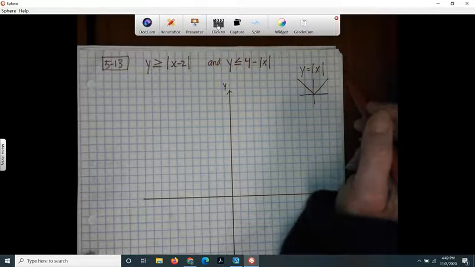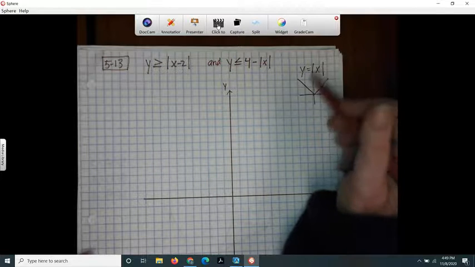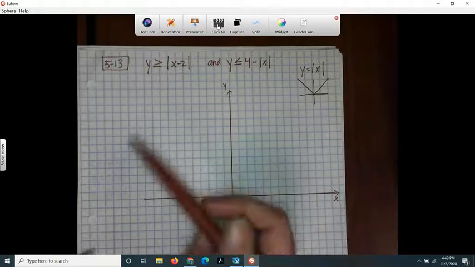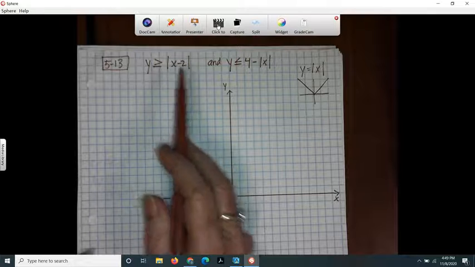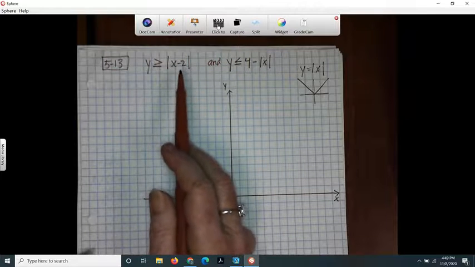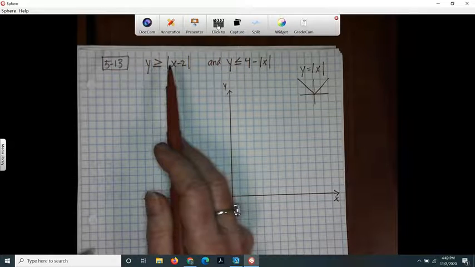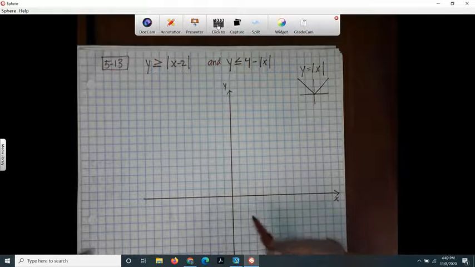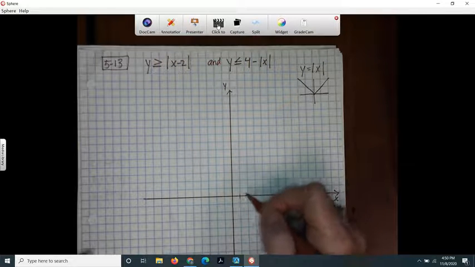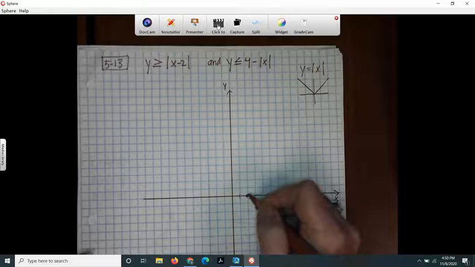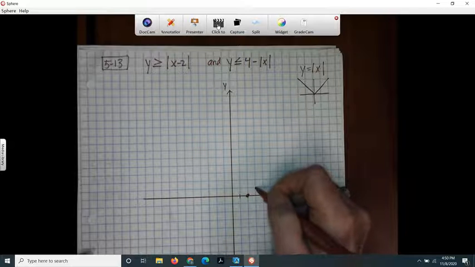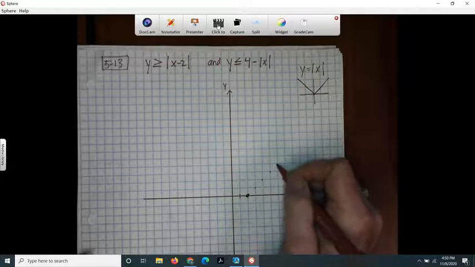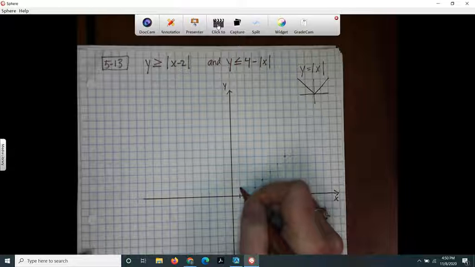We can do transformations on our parent functions. So this is just that V-shaped absolute value function, but it is translated to the right by 2. So I just count to 2, and then my slope goes this way, and same thing, it goes this way.